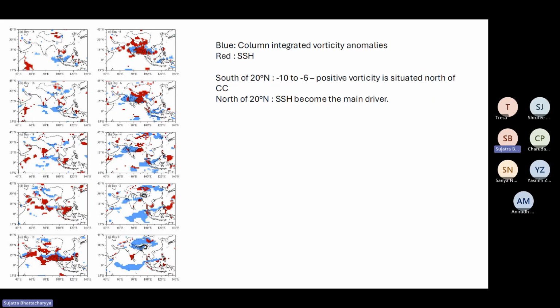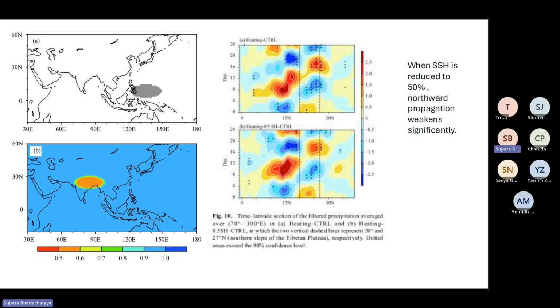To establish this part, what they did is first create the heat source around the equatorial western Pacific, and then along with this heating source, they reduced the sensible heating to 50% to check whether the northward propagation is because of this sensible heating or not.